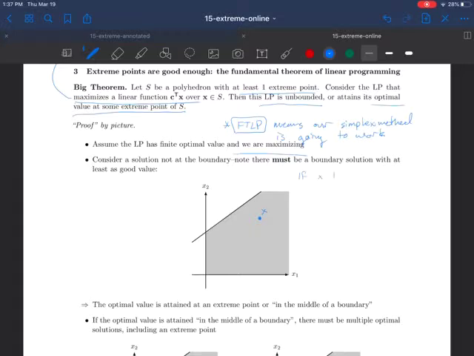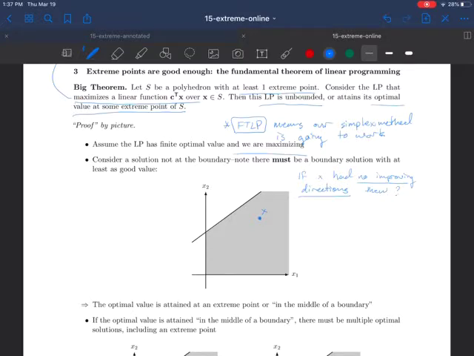If X had no improving directions, well, all the directions, what does that mean?